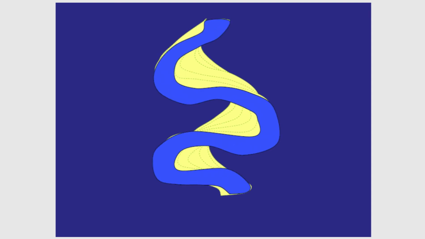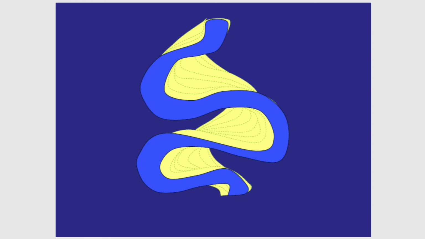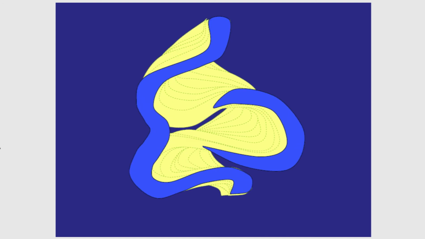You can see how the meander develops gradually, and at some stage the distance here becomes very short, and at that point we have a break.